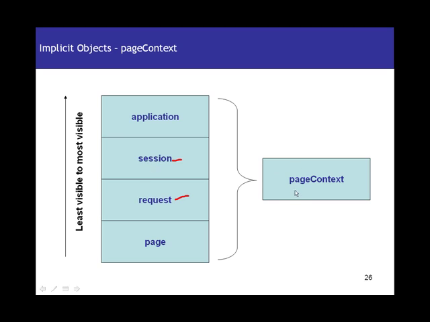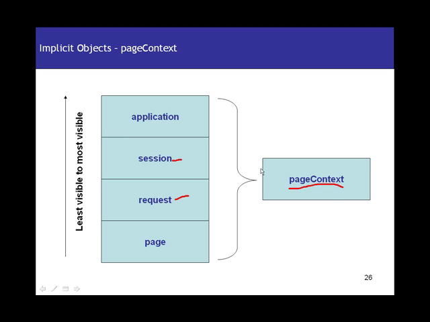So for that reason, to avoid certain confusions, we have the page context implicit object. It's a convenience object which we have in JSPs. Let's say that you save the value in request, and in the JSP you don't really know whether you saved it at request or at session level, so you don't know at which scope you saved that attribute value.